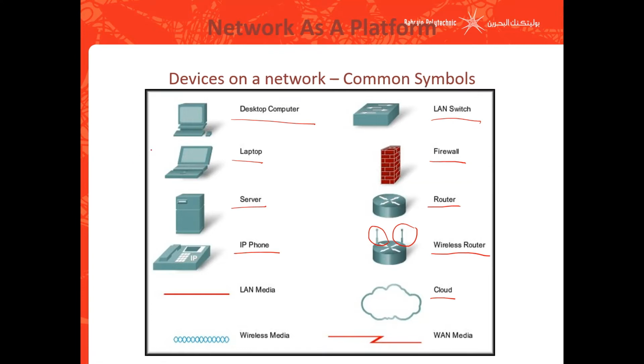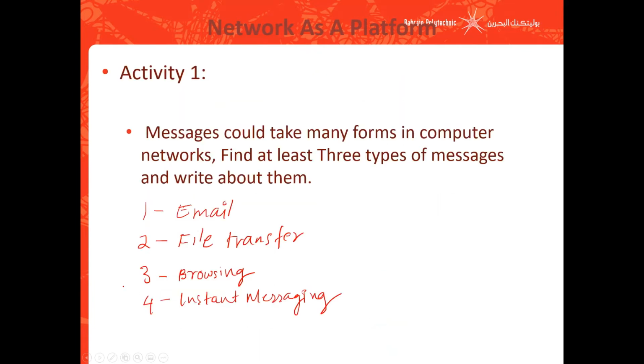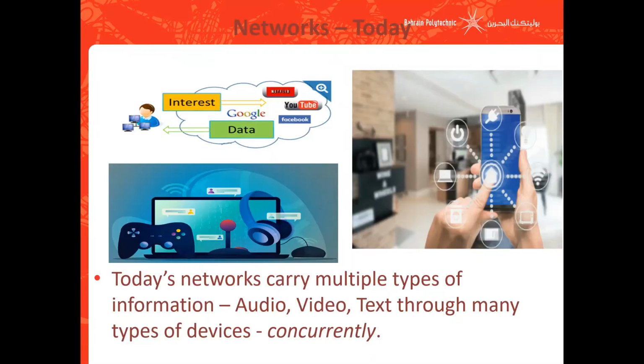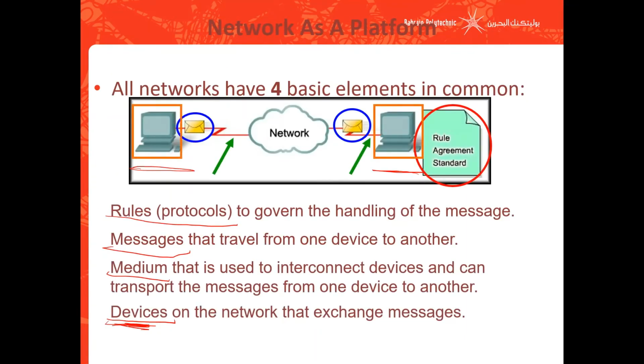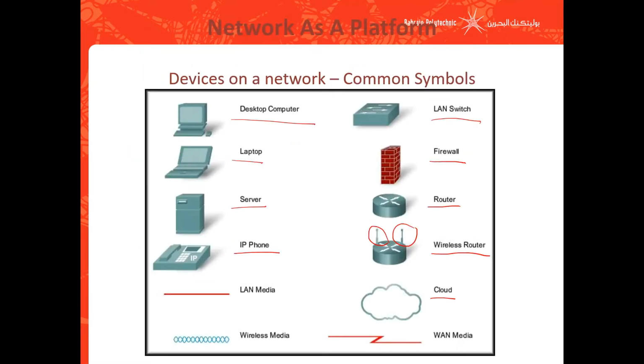Okay, then we have media. Remember the medium in the four components if we go back. Yeah, we had medium, right? One of them was medium, which is nothing but how you're connected to the network, whether it's wired, whether it's wireless, all of those things. So there is something called LAN media.